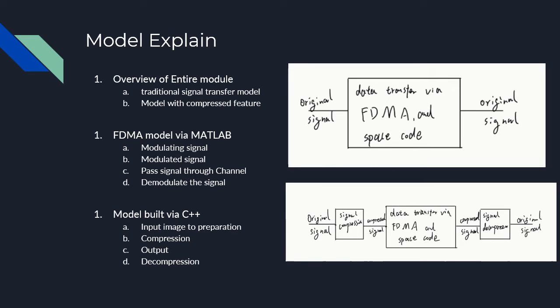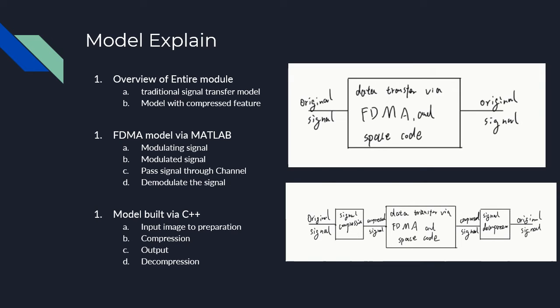The third is to combine all those signals together and transfer them to the destination. The last step is to demodulate the signal. Since all those signals are modulated for easier transfer, we demodulate the signal to recover the original data.